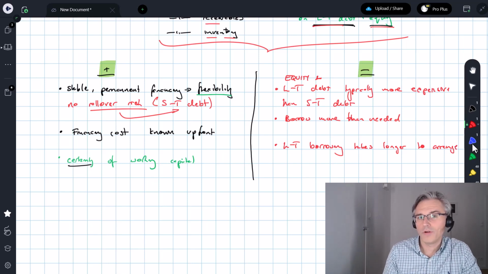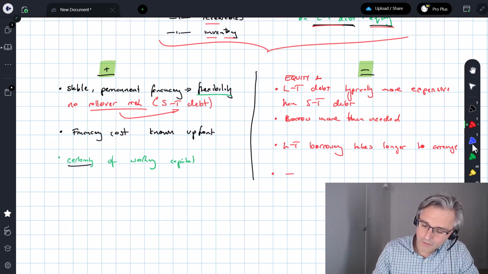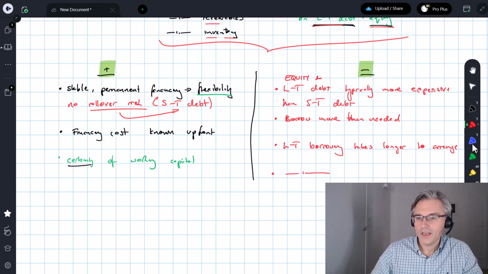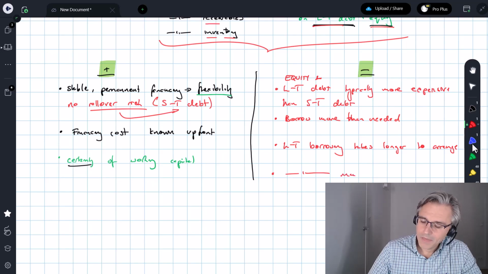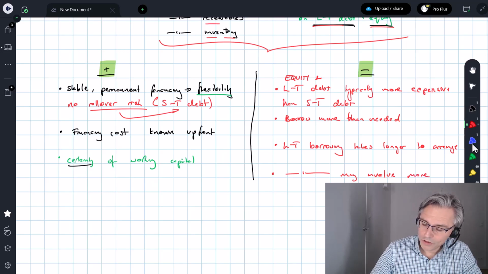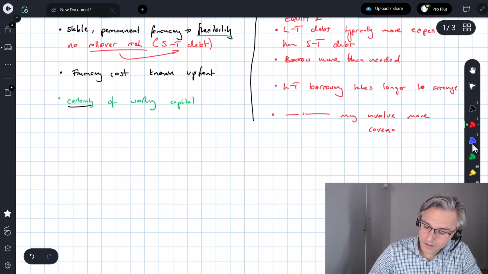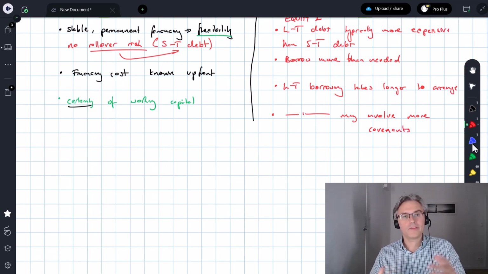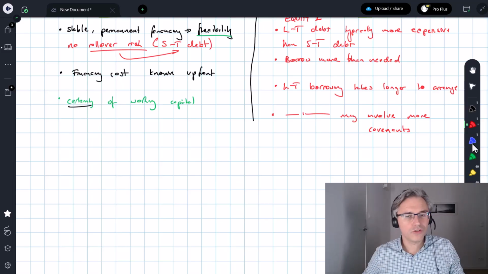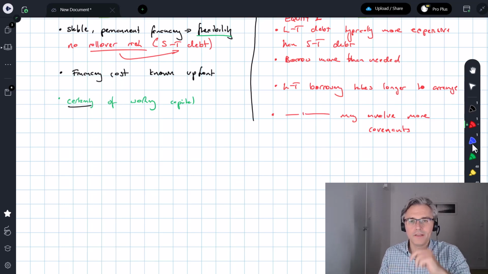And short-term borrowing is definitely quicker, but also if you borrow long-term, it may definitely involve more covenants, more restrictions on the company's actions, on the way it behaves, etc. If you borrow short term, that typically doesn't come with so many constraints. Longer term borrowing definitely does.